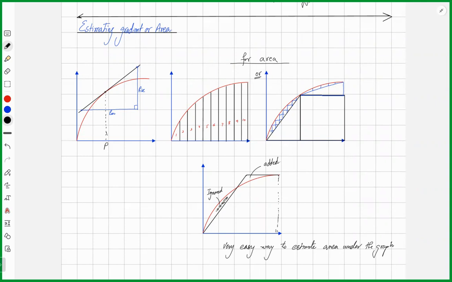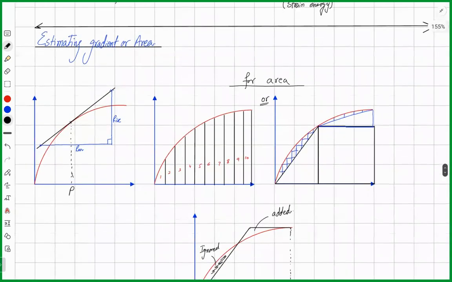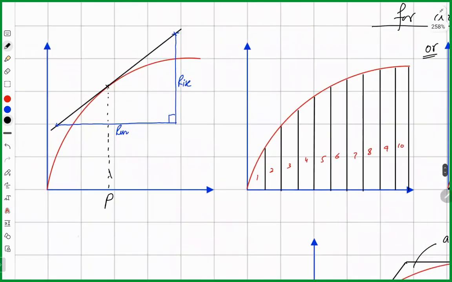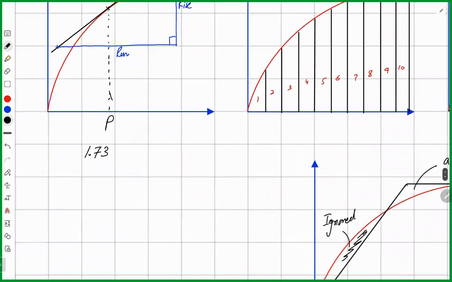For example, if I calculate the gradient of this thing and I get 1.73, I'm just making this number up. And when I go to the marking scheme, it says 1.6 to 1.9.